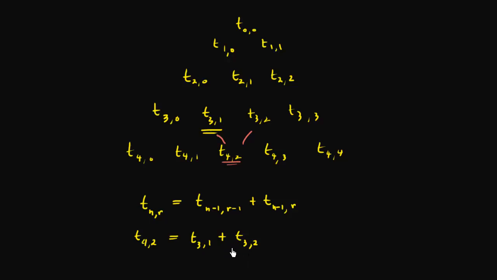And likewise, if I'm ever doing some arithmetic with Pascal's triangle, and I have the sum of two adjacent terms in the same row, I can write that as a single term in the next row of Pascal's triangle. So that's something that can be useful at times.